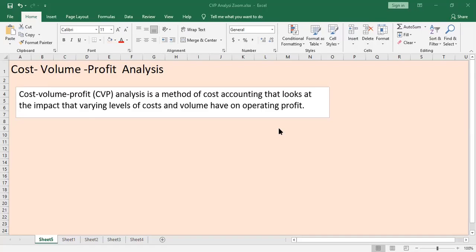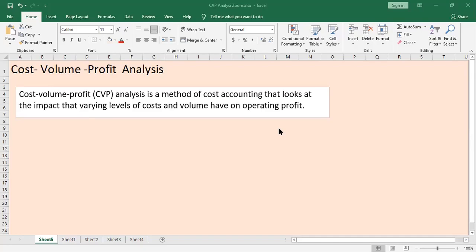So the cost volume profit analysis is merely for short-term decision making, because I will explain why. It basically depends on a whole lot of assumptions, like sales prices are fixed, we can divide all the costs into fixed and variable, and cost per unit is consistent over the whole level of production.